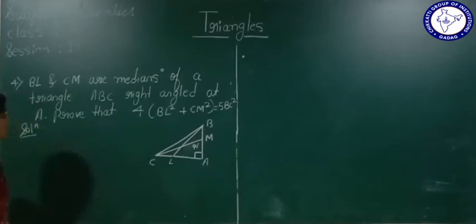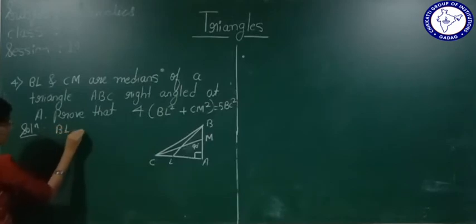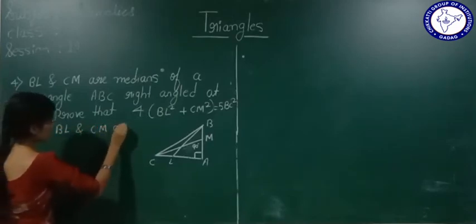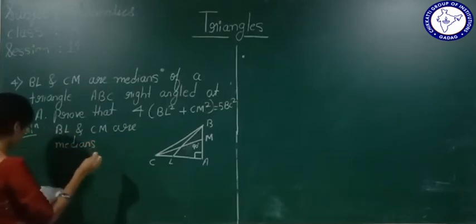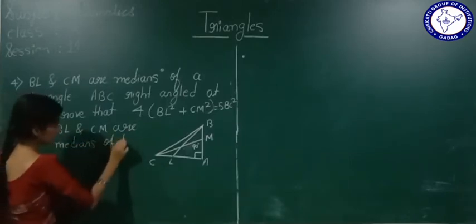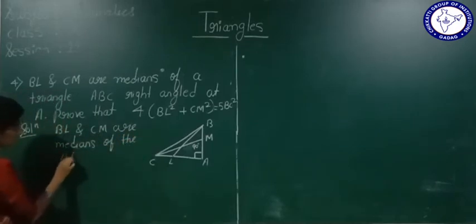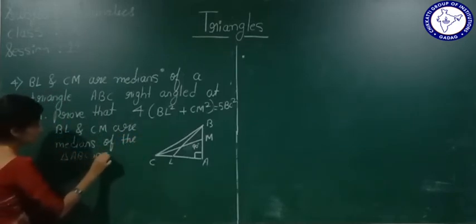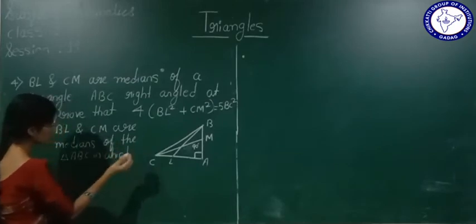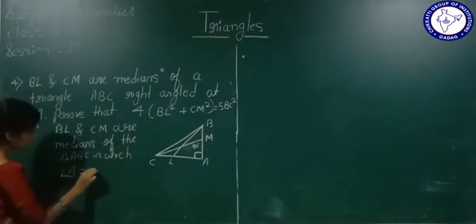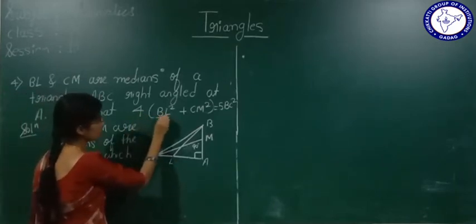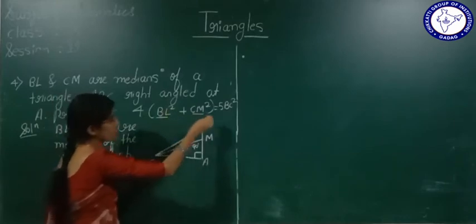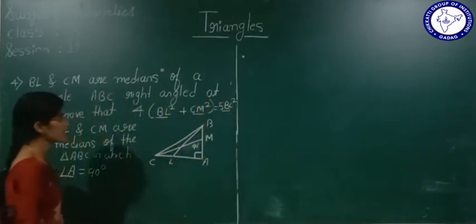See the solution. Say BL and CM are medians of the triangle ABC in which angle A is equal to 90 degrees. Now we want the result 4 times BL square plus CM square is equal to 5 times BC square.